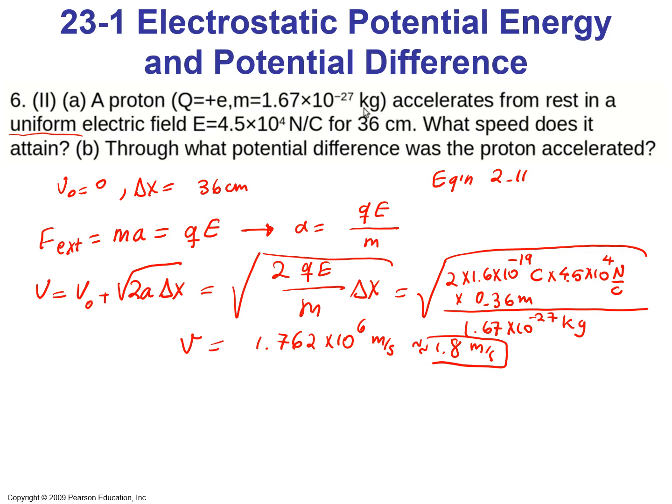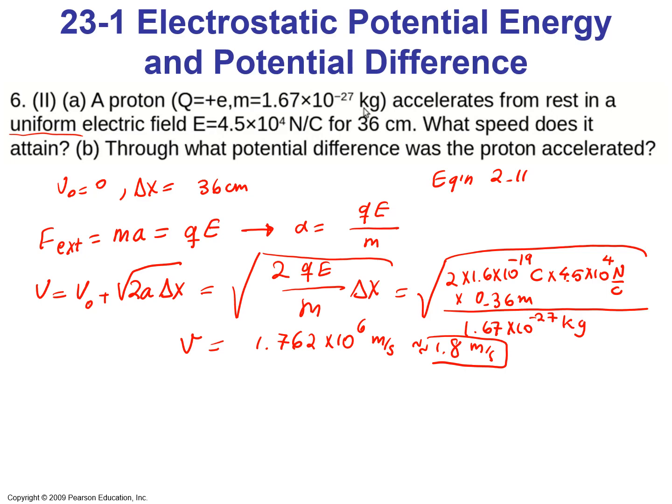For part B, the field is uniform and the magnitude of the potential difference can be found from conservation of energy. We call the final position the 0 volt location. The initial energy is all electrical potential energy and the final energy is all kinetic energy.